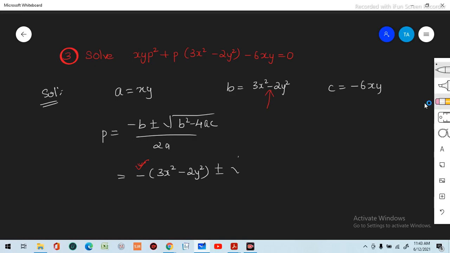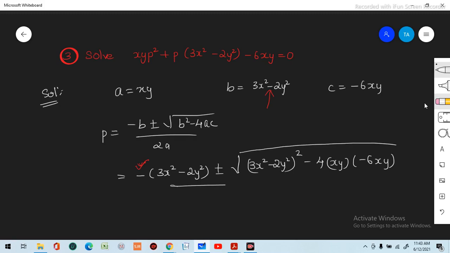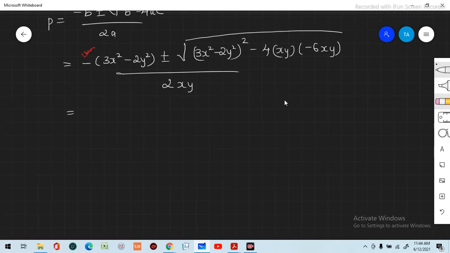Plus or minus square root of b square, which is 3x square minus 2y square whole square, minus 4a which is xy, c is minus 6xy, square root as it is, 2a is xy. So this is equal to, now you tell me what I should do.